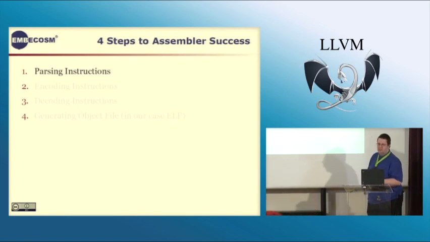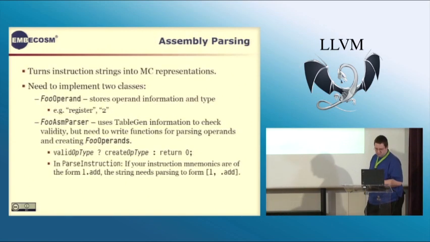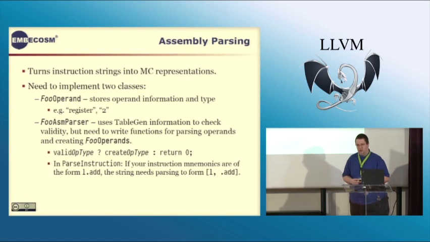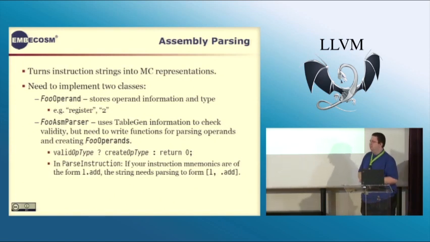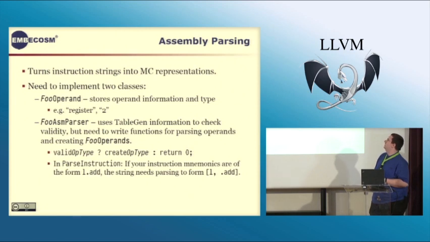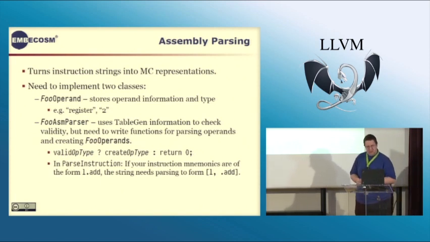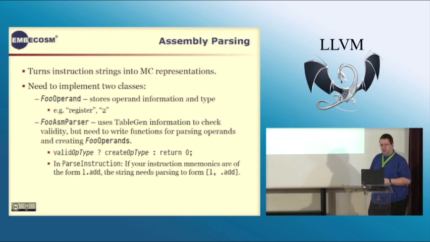Now, the first stage is parsing them, which turns a nice string like add R1, R1, R1 into a representation that can then be used internally. This is done in the class ArchitectureNameAsmParser, which uses information generated by TableGen to generate a list of operands which are then stored in the instruction, with a general flow of: is it this type of operand?